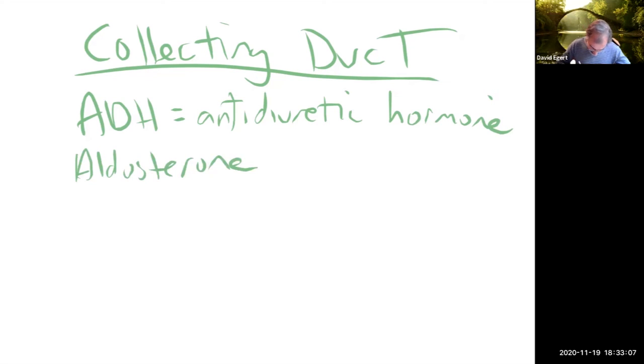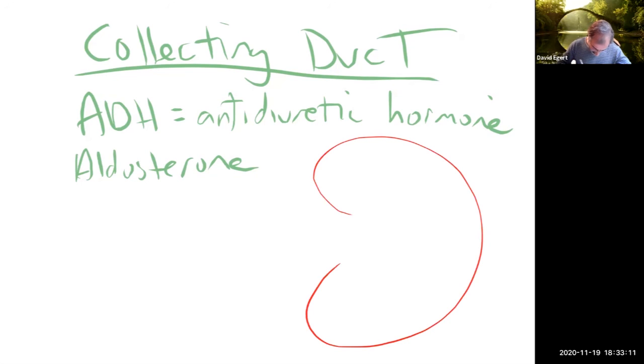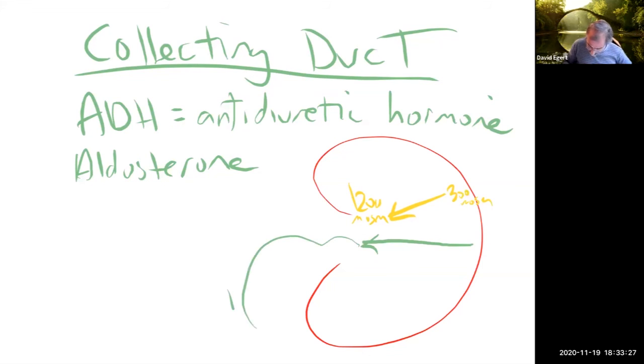Again, think about the kidney. Like I said, it's about 300 milliosmolar up here, but about 1200 milliosmolar when you get down deep. There's that gradient. And the collecting ducts are basically draining, going down, and ultimately going to leave the body.